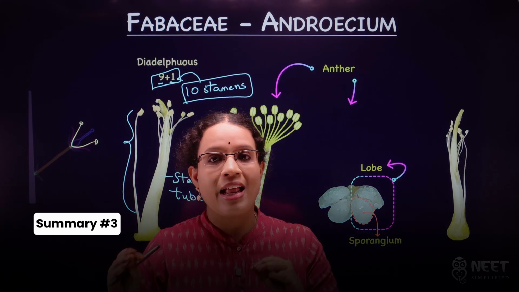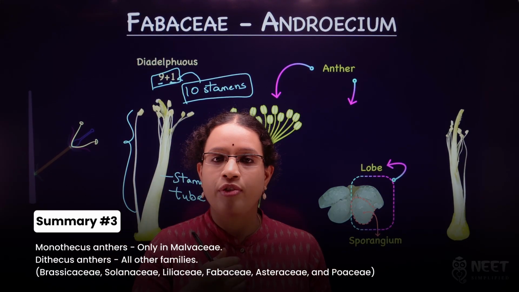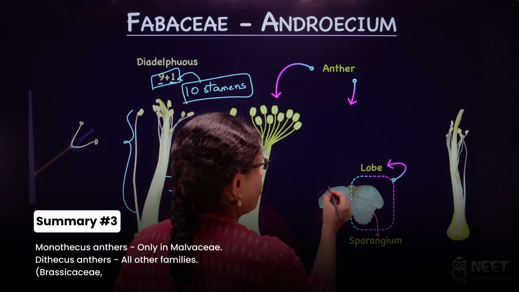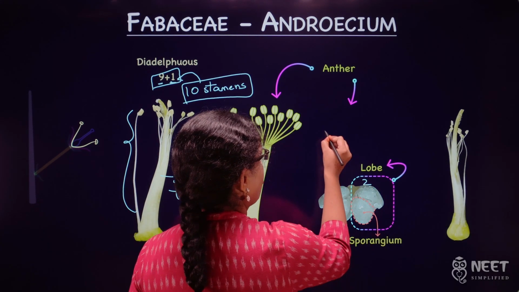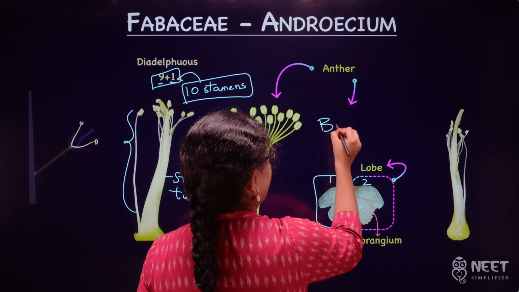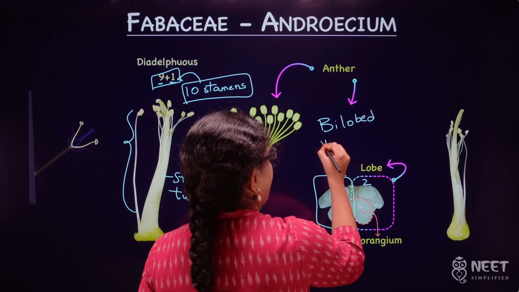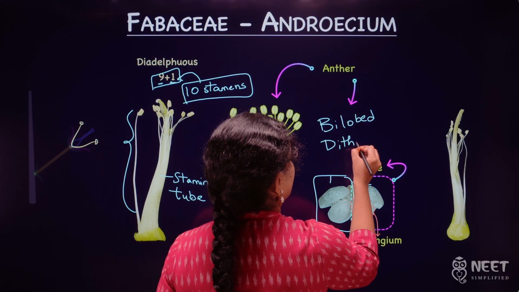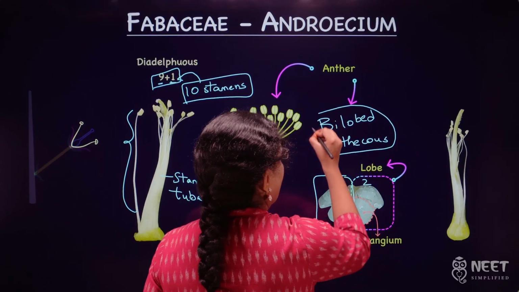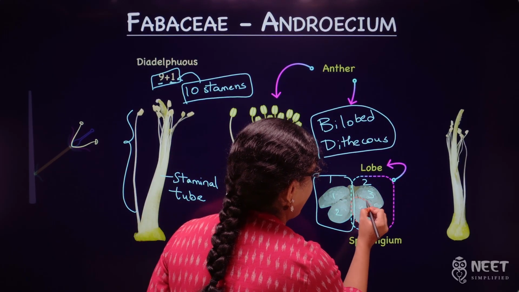Now, only in Malvaceae we had a variation, right? In the rest of the families, we have seen that the anthers are bilobed. As you can see, 2 lobes here, 1 and 2. So we have bilobed, dithecous anthers. And now coming to the sporangia, you can see 1, 2, 3 and 4.